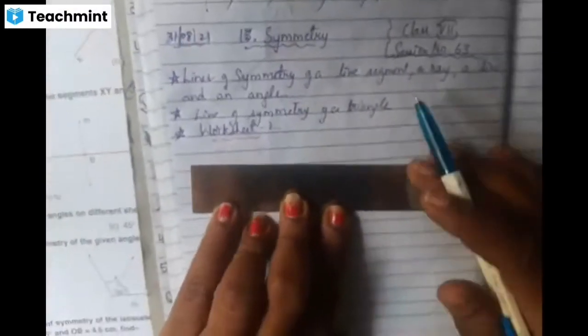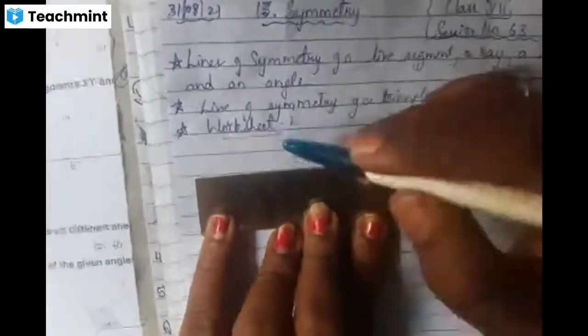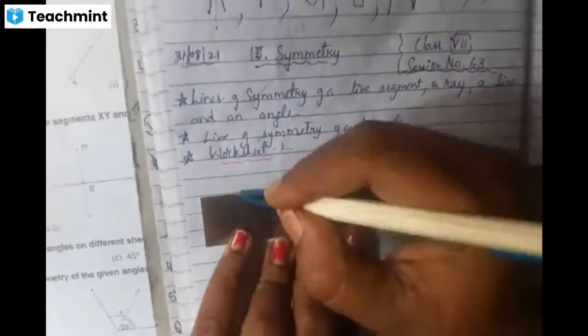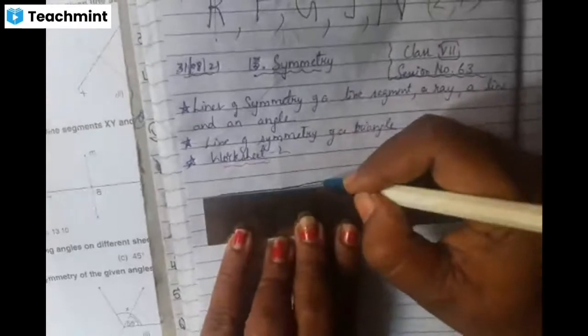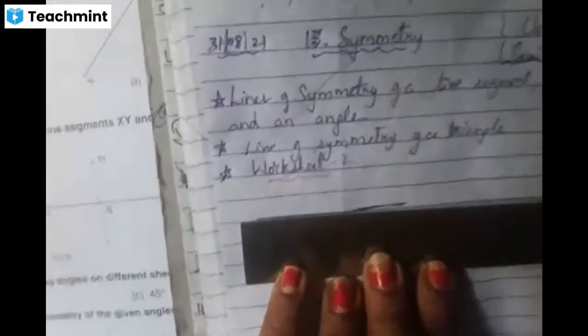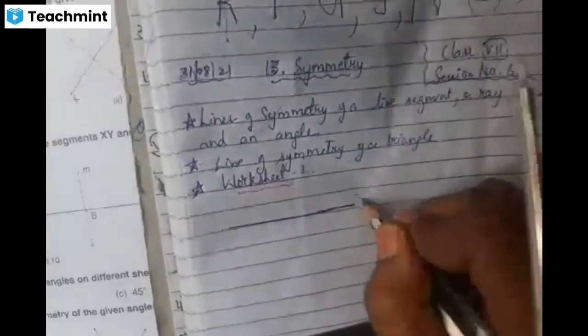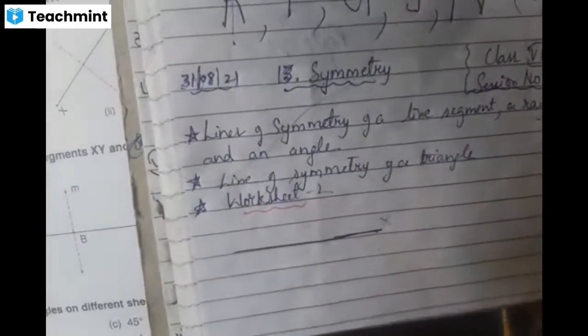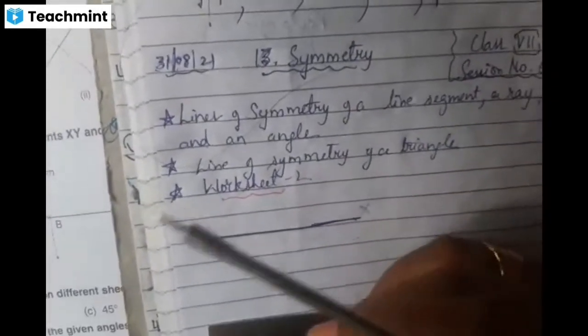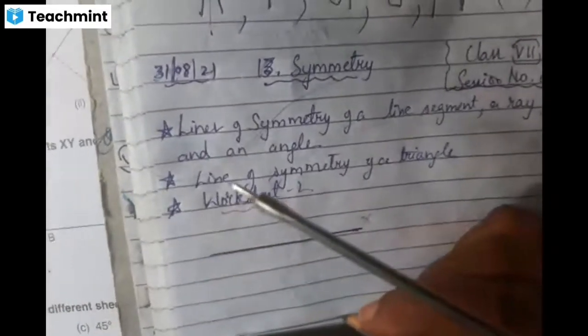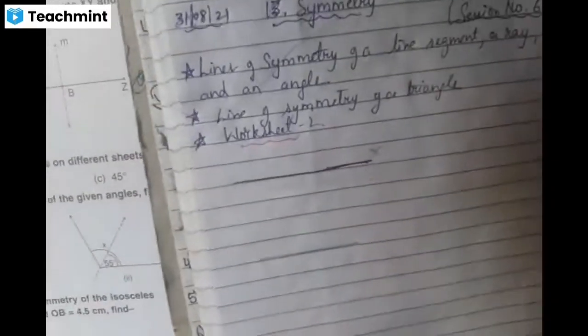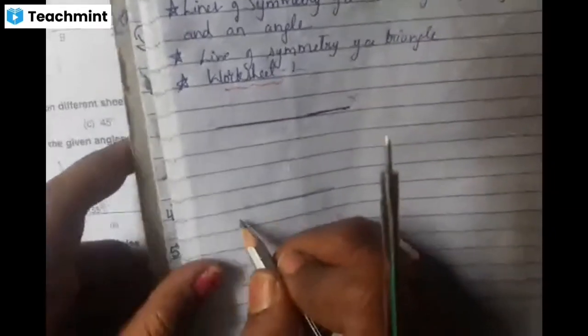I am going to draw the line segment, because we want totally 3 lines of symmetry. So I am going to draw here. I'll draw with the pencil, children. I draw a line segment exactly of 4 centimeter, and I am calling this line segment AB.